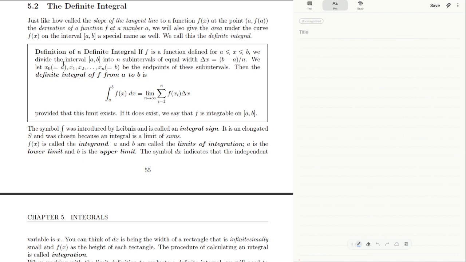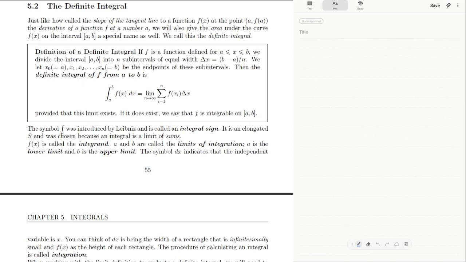Now if we let x naught, x1, x2, all the way up to xn be the endpoints of these subintervals, then the definite integral of f from a to b is given by this notation here, and it's equal to the limit as n goes to infinity of the sum from 1 to n of f of xi times delta x, provided that this limit exists. And if it does exist, then we say that f is integrable on the interval from a to b.